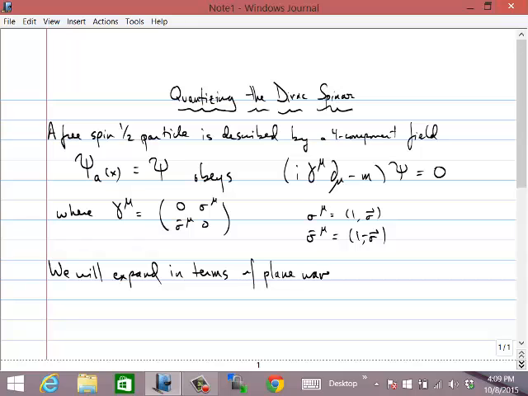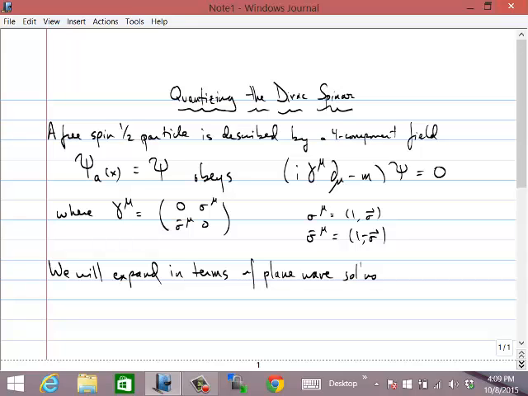So just as in the quantization of a classical field, we begin by imagining the solution of a Klein-Gordon equation expanded in terms of a plane wave basis. And then when we quantize the field, we promote phi to an operator, and we promote the terms that appear in this expansion of phi in a plane wave basis into operators that act on a Hilbert space.